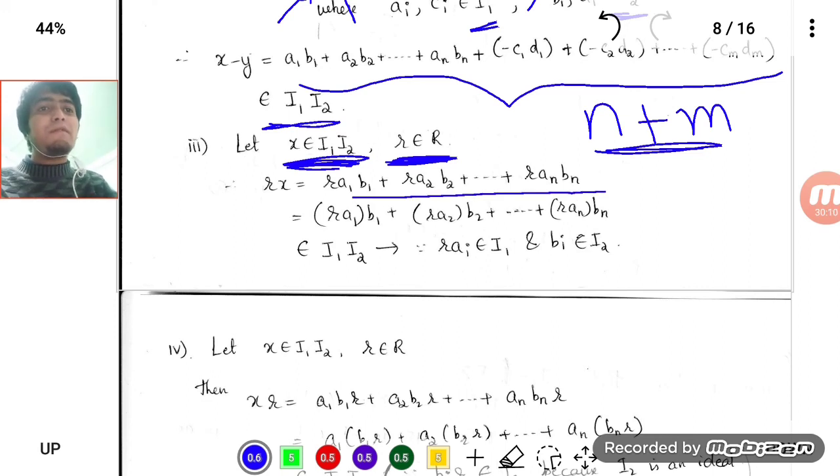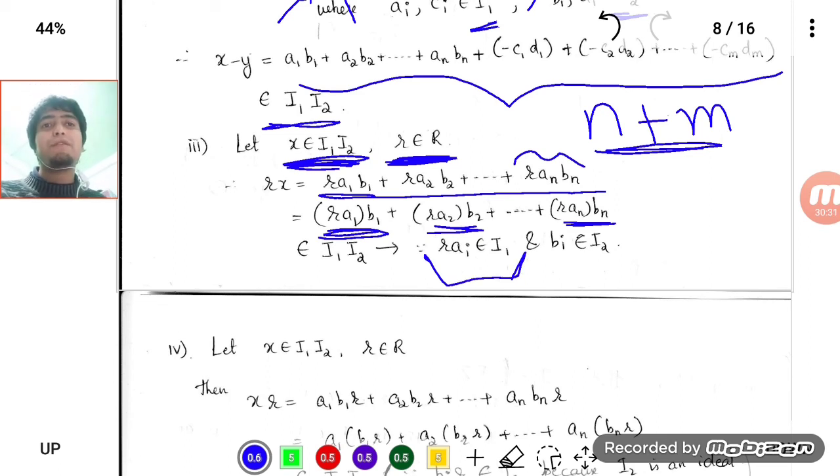So if you see this one, now we are having 3 elements in each term, right? But if we have to show that it is in I1, I2, we need to group it into 2 elements. So that's why we are grouping it in this way. Why do we group it in this way? Because rai will belong to I1, because I1 is an ideal.